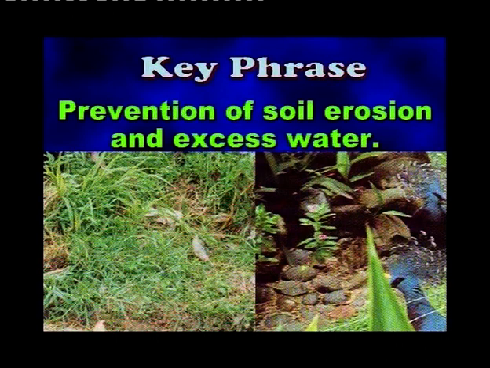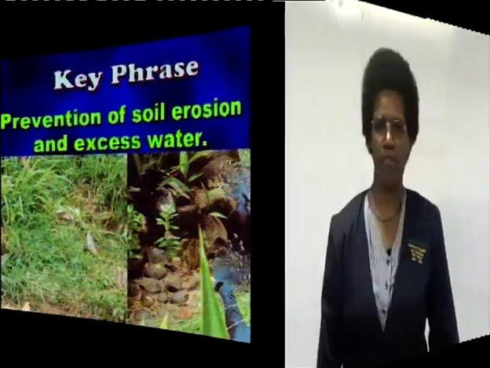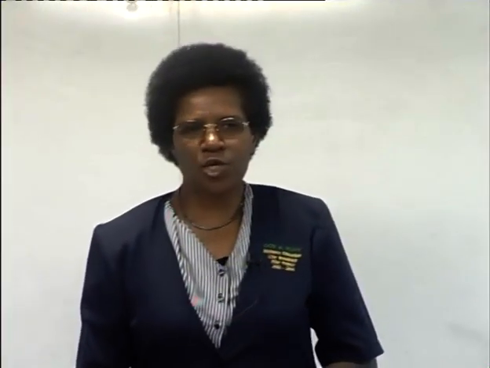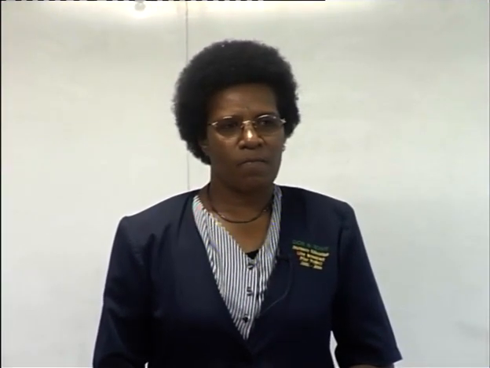Now, why do we say our key phrase is prevention of soil erosion and excess water? Why? Thank you, Messi. Because they're going to plant stones and the excess, it's going to keep it, the advantages will be what, keeping excess. Very good, thank you. Whatever task that we are doing is actually helping to prevent soil erosion and removing excess water.